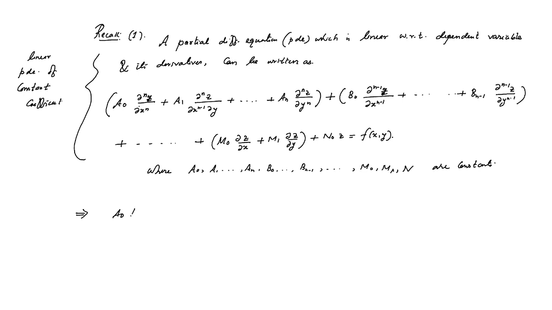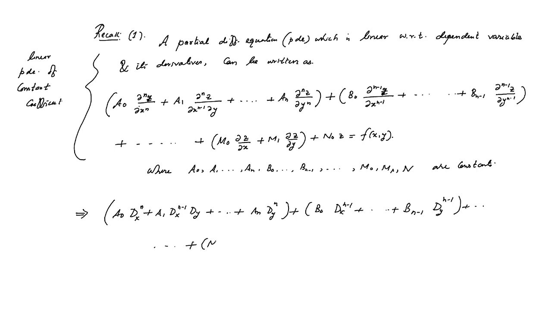So that we can write a0 Dxⁿ plus a1 Dxⁿ⁻¹ Dy plus an Dyⁿ plus b0 Dxⁿ⁻¹ plus bn−1 Dyⁿ⁻¹ plus m0 Dx plus m1 Dy plus n0 z equals to f.